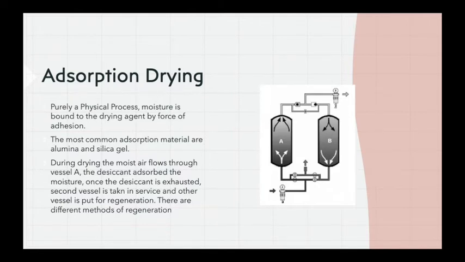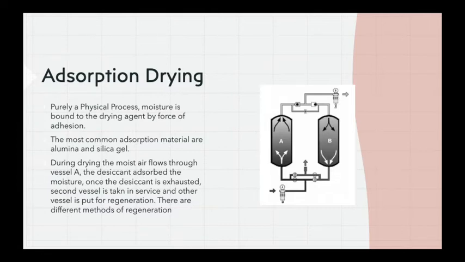The moist compressed air is made to pass through these desiccants. When they come in contact with moist compressed air, they take all the moisture from the air, and the dried air is made to pass through a three-way valve and goes into the piping for use.